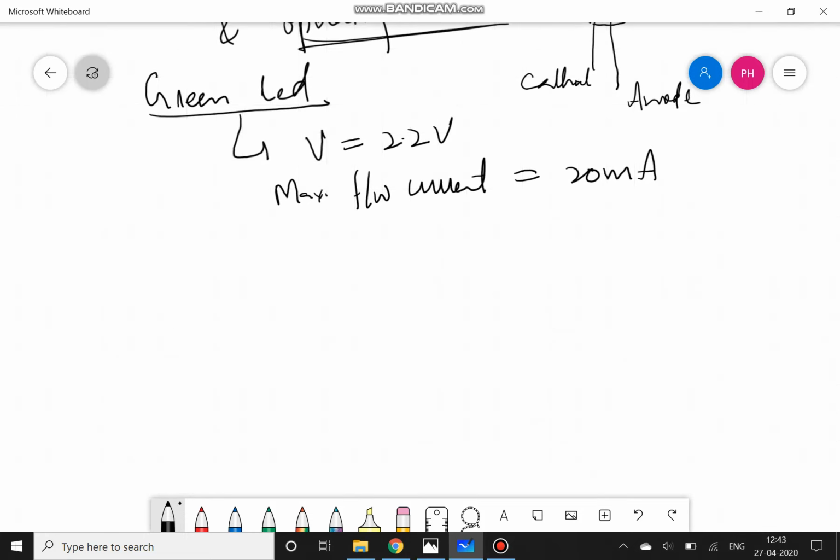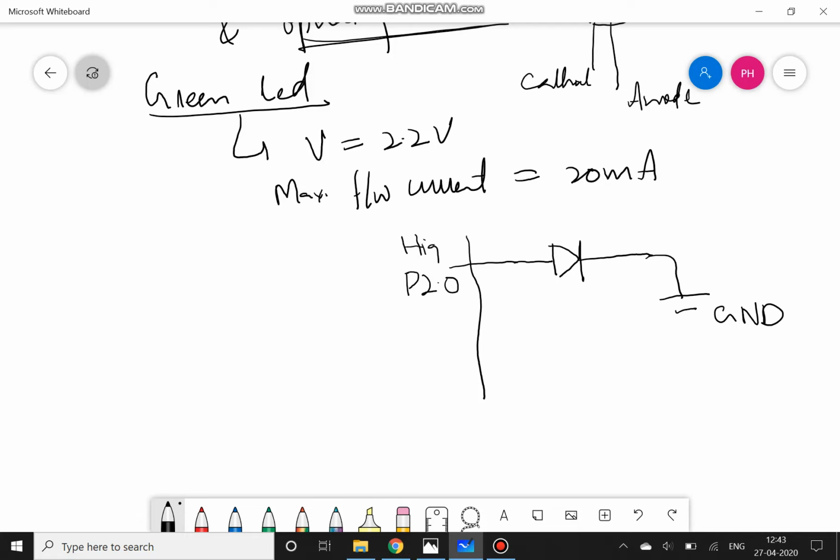So what will happen if we connect this LED directly to a microcontroller? Since our microcontroller gives 5 volts, on any pin of the microcontroller, say P2.0, I am connecting an LED. The other side of the LED I will be connecting to ground. So whenever there is a high here, this LED that is connected to P2.0 should turn on.